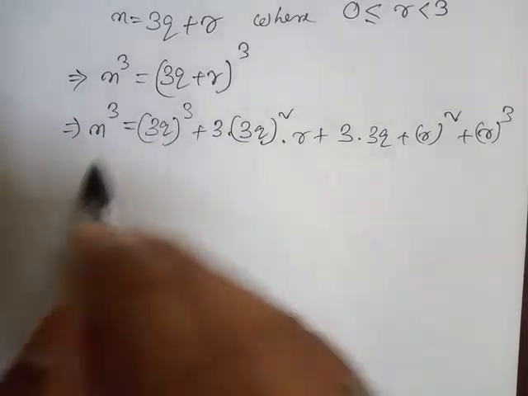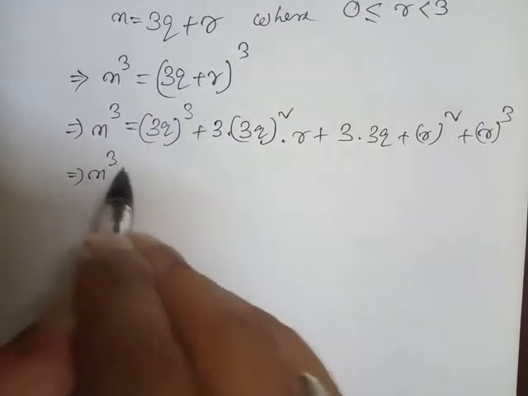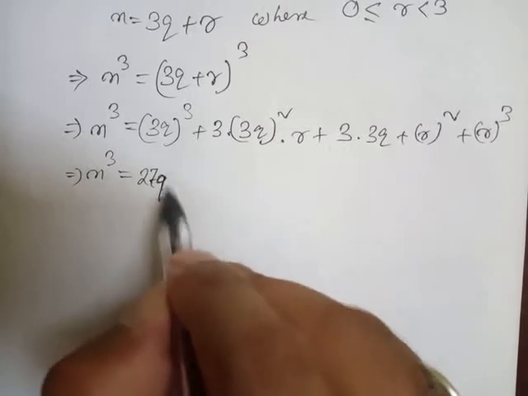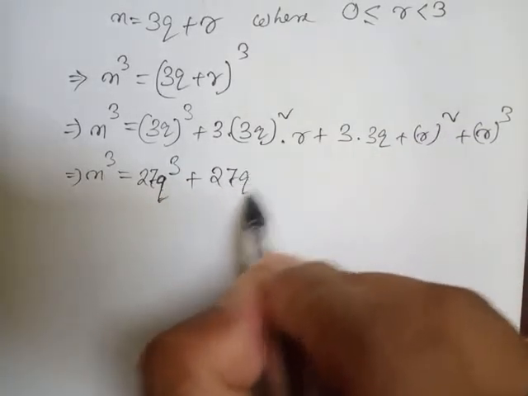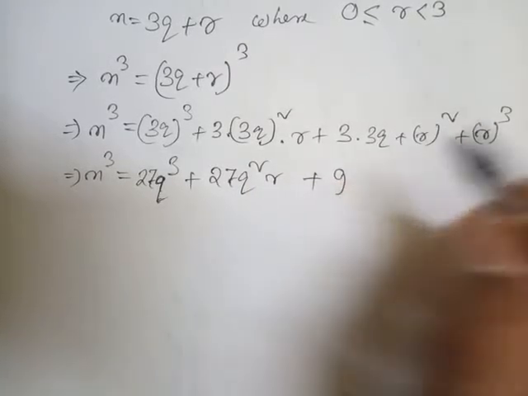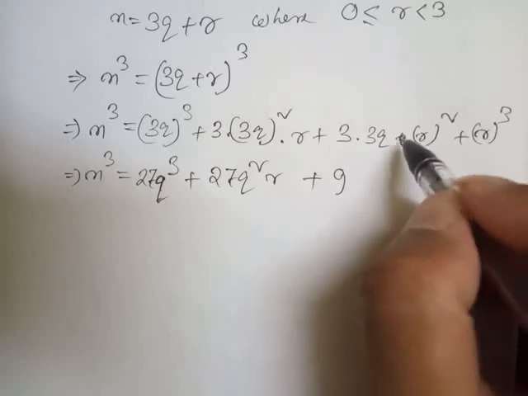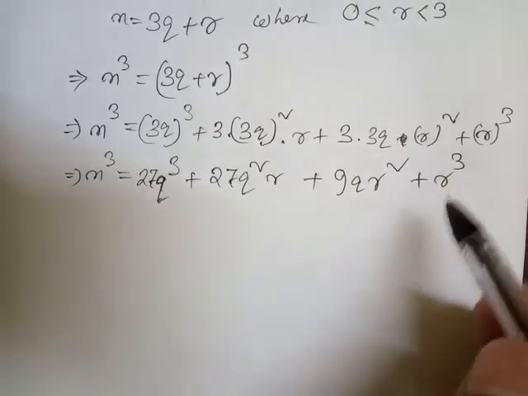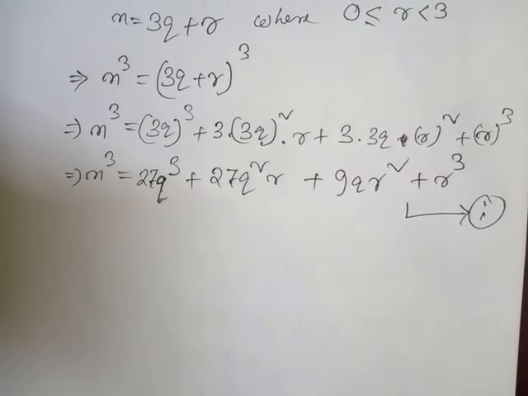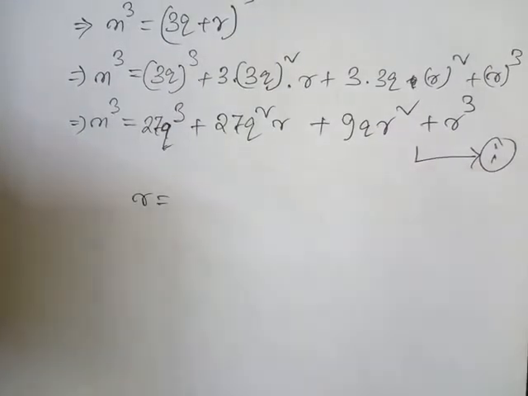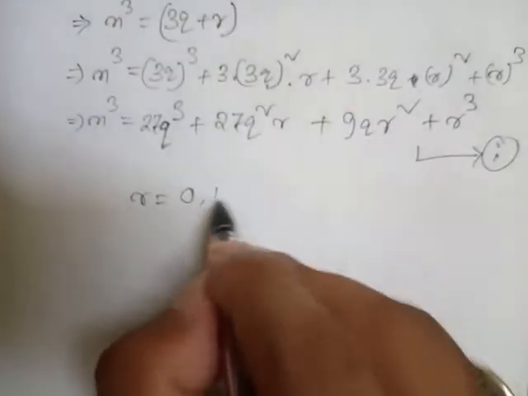Now after that, n cube equal to 3 cube, 27q cube. 3 square is 9, 9 times 3 is 27, q square r. 3 into 3 is 9, 9q r square and r cube. This is equation number 1. Next, r equal to 0, 1, 2.